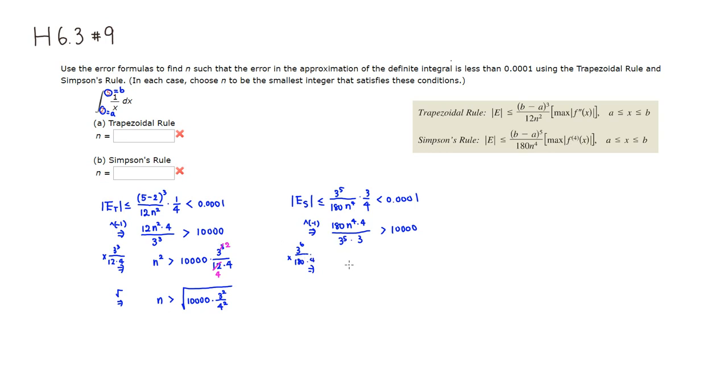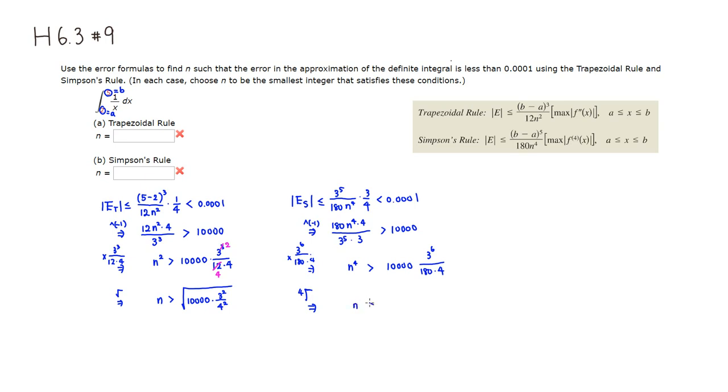So we get n to the 4th is greater than 10,000 times 3 to the 6th power over 180 times 4. Then the last step is to take the 4th root of both sides.